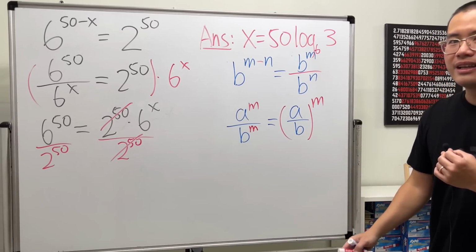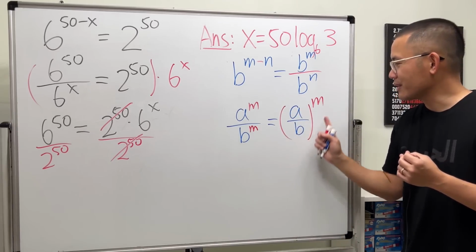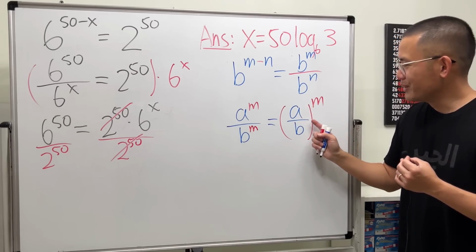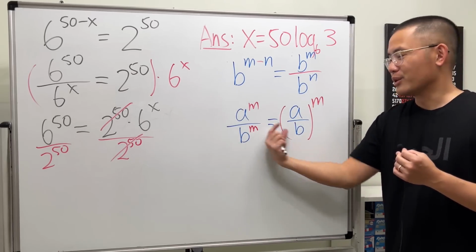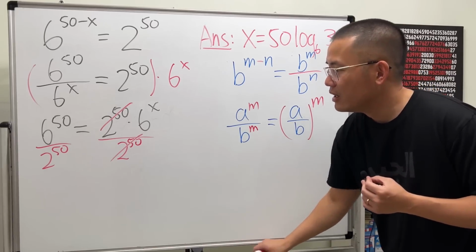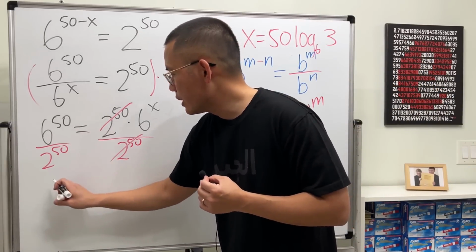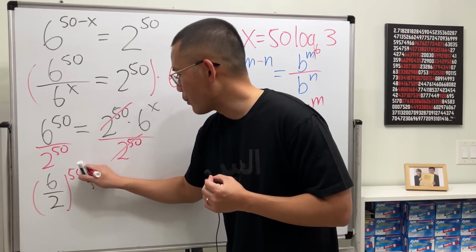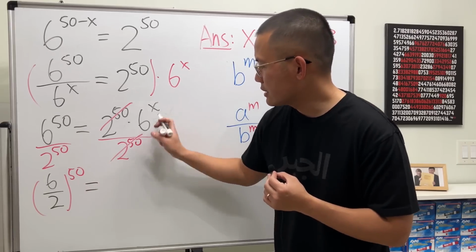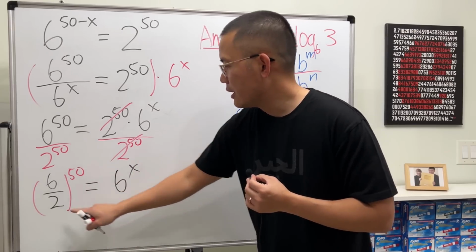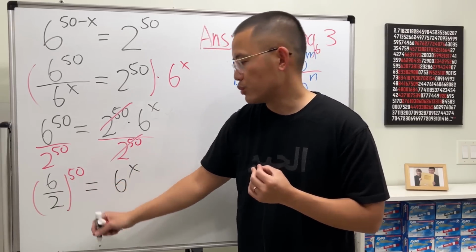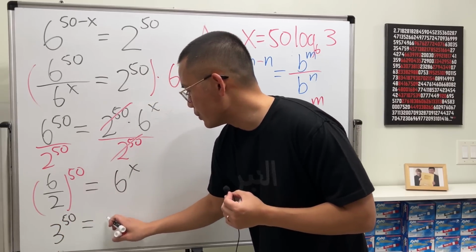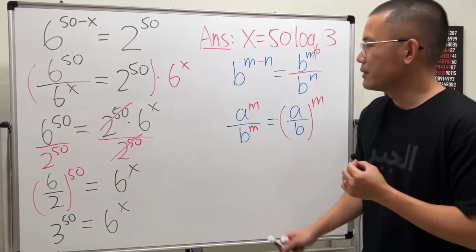This is okay. And in fact, usually we look at it from this direction to there. When you have this, you just distribute the power, but you can also look at it like this. So for this in particular, we can look at it as 6 over 2 and then raise that to the 50th power, and that's equal to 6 to the x power. For the inside, just work it out regularly. So that's 3 to the 50th power, and that's equal to 6 to the x power.